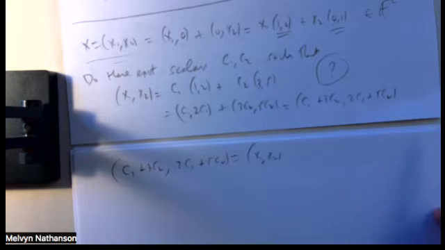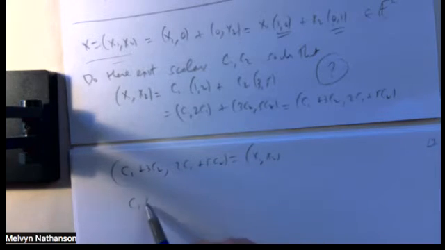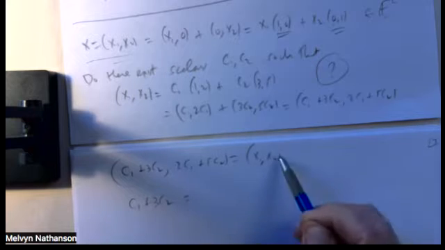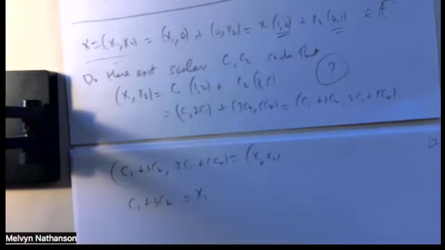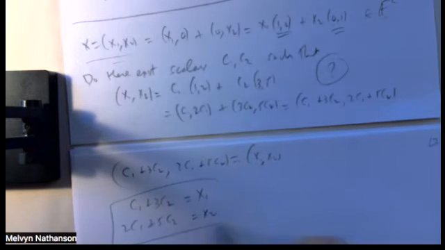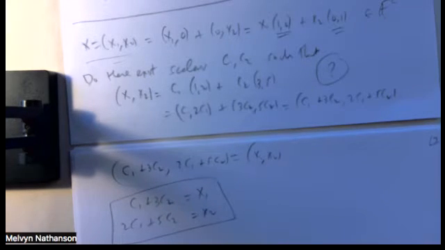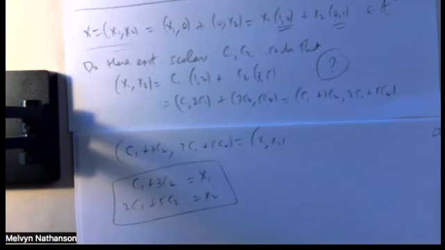Of course, vectors are equal only when their coordinates are equal. So c1 plus 3c2 has to equal x1, and 2c1 plus 5c2 has to equal x2. So we have to solve these two linear equations in two unknowns.